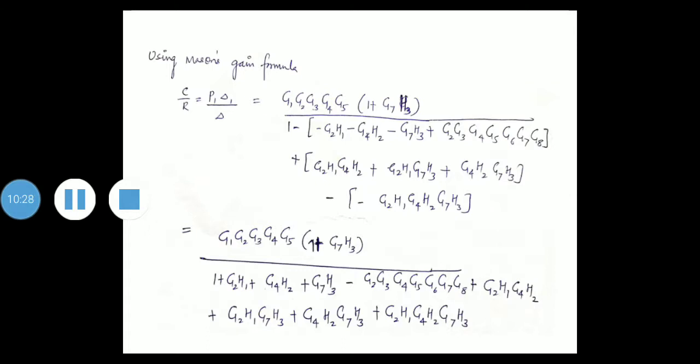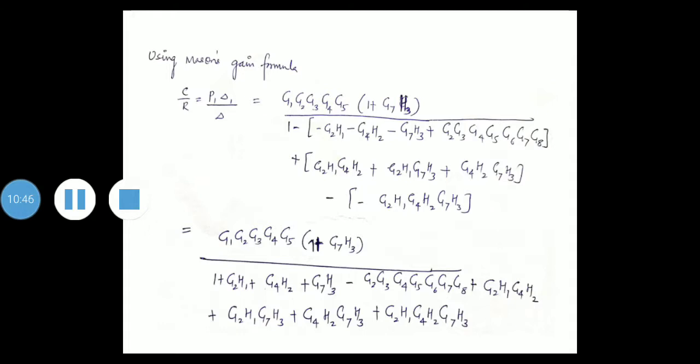Using Mason's gain formula, C by R is P1 delta 1 by delta. So substitute P1, delta 1 and delta. What we'll get is G1 G2 G3 G4 G5 into (1 plus G7 H3) divided by delta.